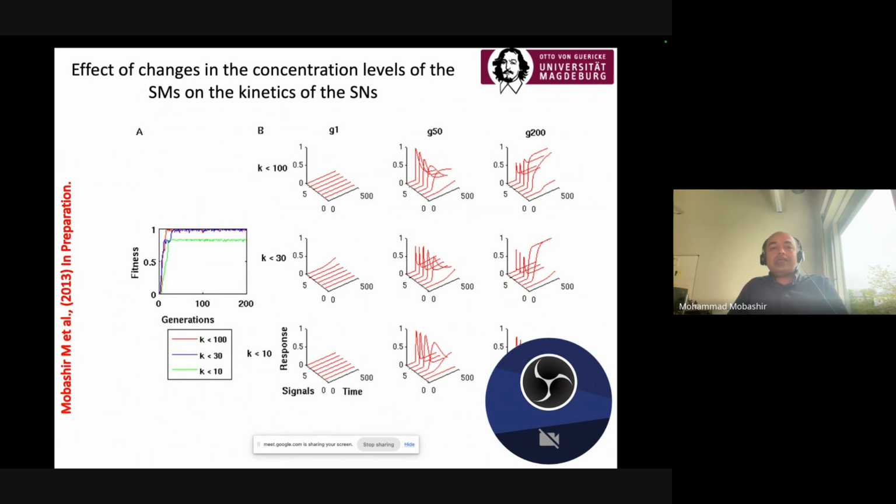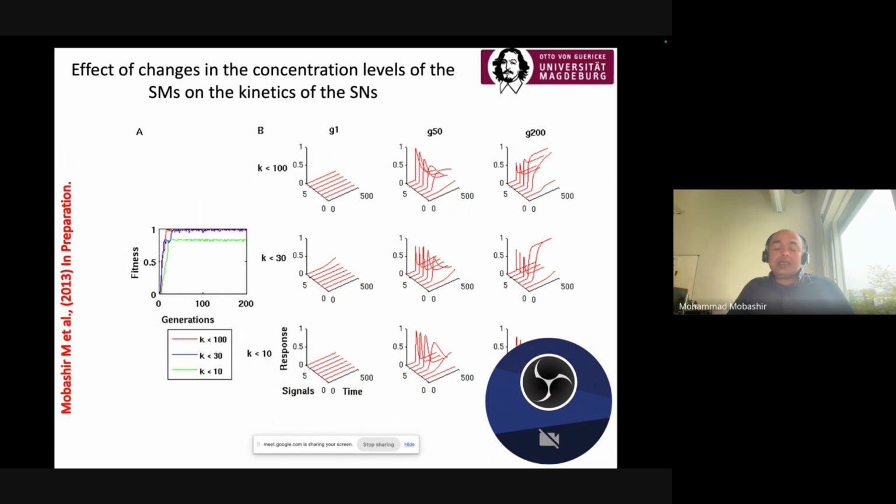When we change the concentration of receptor molecules, it immediately tries to reach the maximum fitness value, that is 1.0, for the two stronger values. But when k is less than 10, it is not exactly the maximum, but close, around 0.9.